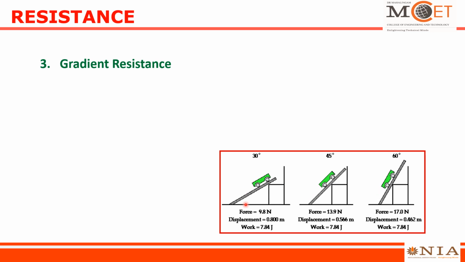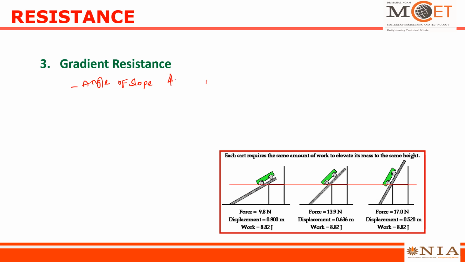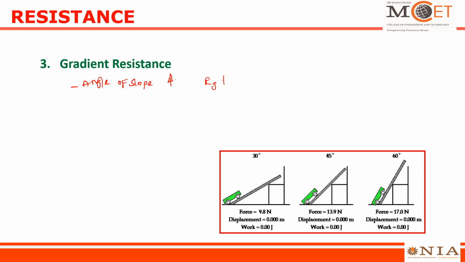This gradient resistance mainly depends on the angle of slope first. If slope angle increases, gradient resistance will increase. I mark gradient resistance as Rg, resistance because of grade, Rg.